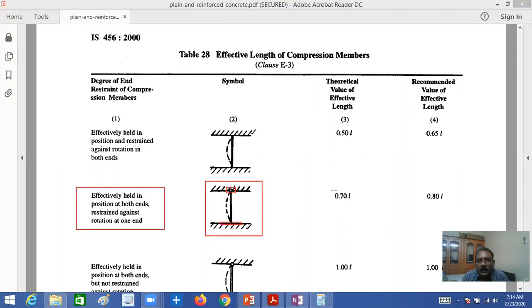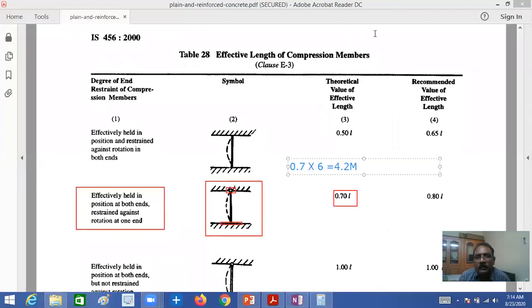The theoretical value increases to 0.7 L. For example, with the same 6 meters, 0.7 into 6 meters, you will get 4.2 meters for the theoretical value.